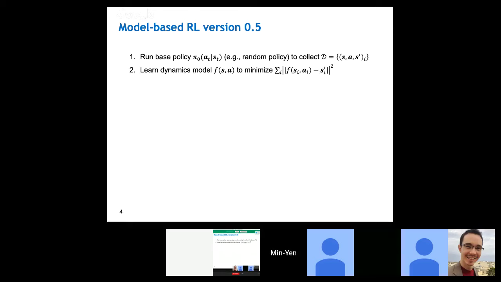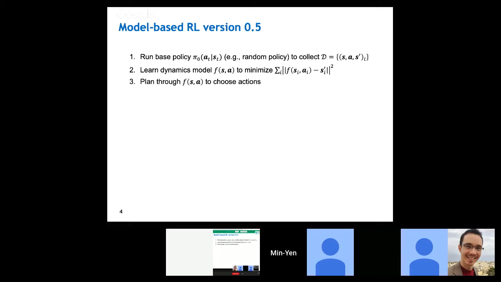Then we try to learn the dynamics model to minimize the distance. This is like classic supervised learning, trying to minimize the cost function. Once we have a dynamics model, we can plan through this model to choose actions. The similar planning techniques covered in the last lecture can be used.